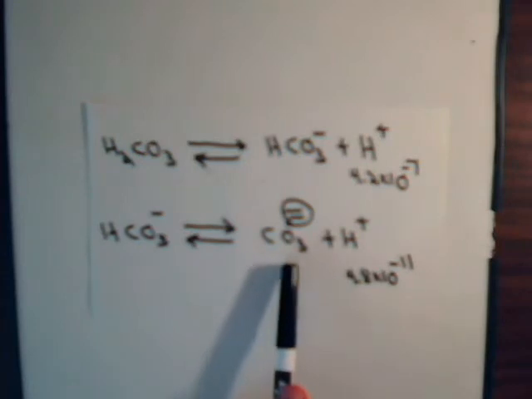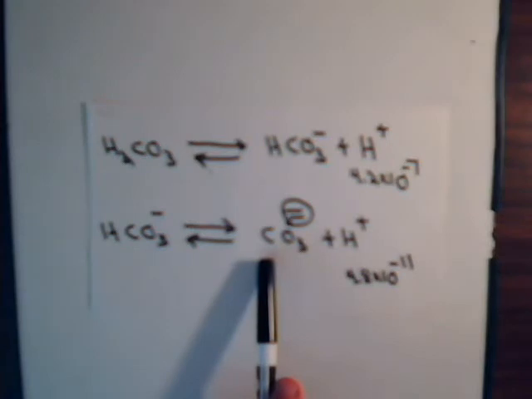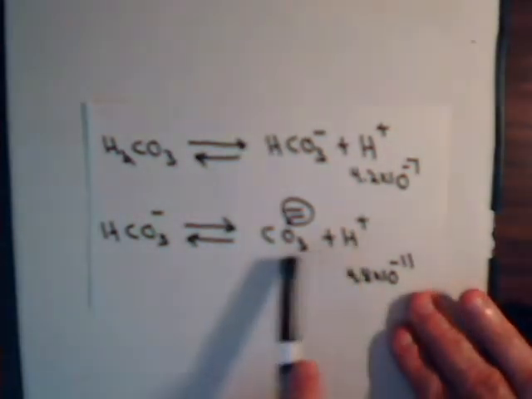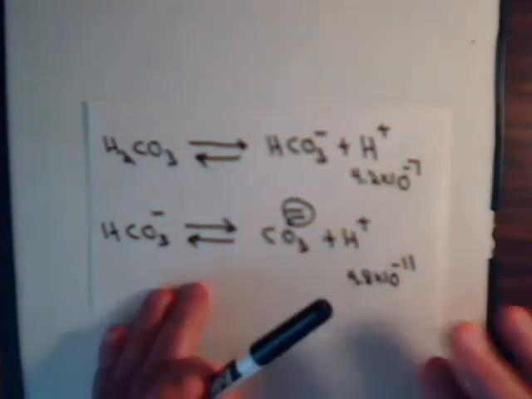This is a much smaller compound than phosphoric acid. Carbon and oxygen are much smaller than phosphorus is. So here you have that double negative charge crammed into a very small volume, so that's going to be a very concentrated negative charge pulling back on this proton, making this very difficult to happen.